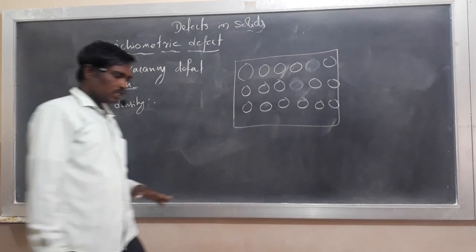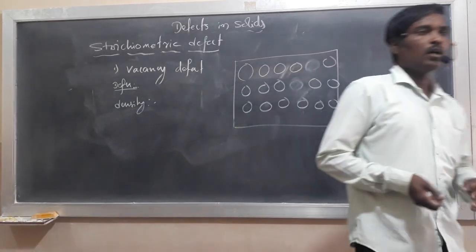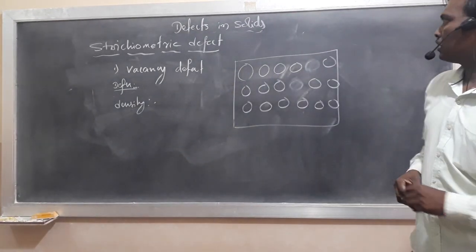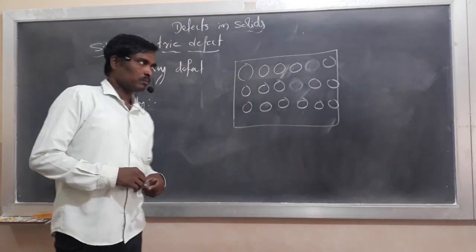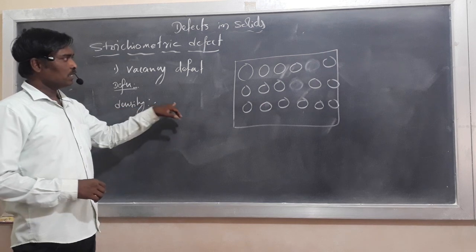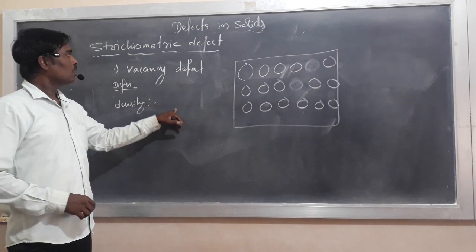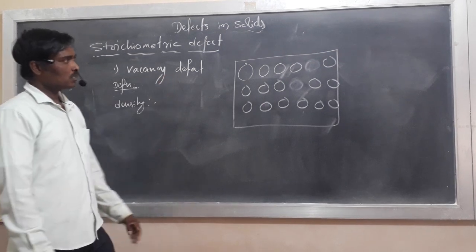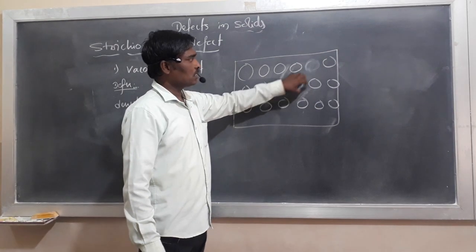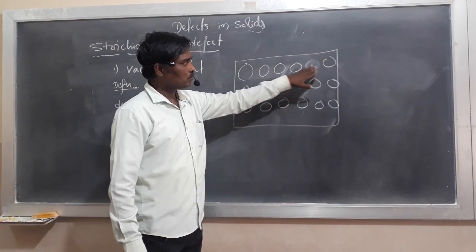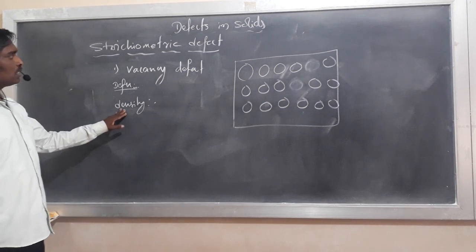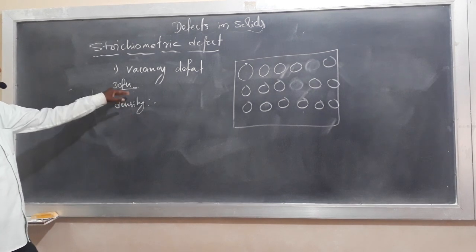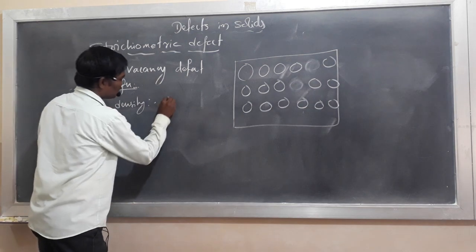How do we find whether a non-ionic compound has a vacancy defect? Just measure the density. If the density decreases, then it is a vacancy defect, because some of the atoms are missing from their regular lattice points.